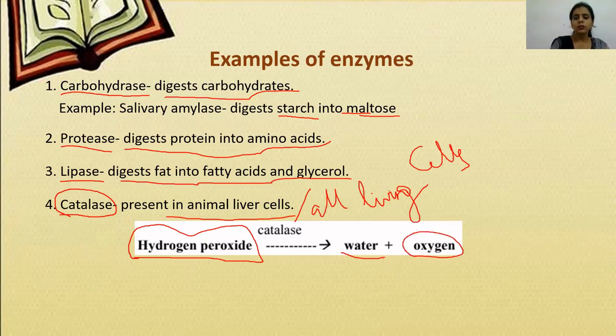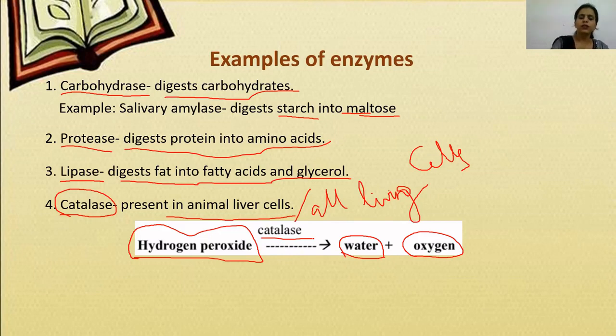So there are enzymes called catalase present in all living cells, because the moment hydrogen peroxide is produced as a byproduct in any metabolic reaction, catalase will break down this hydrogen peroxide into water and oxygen.